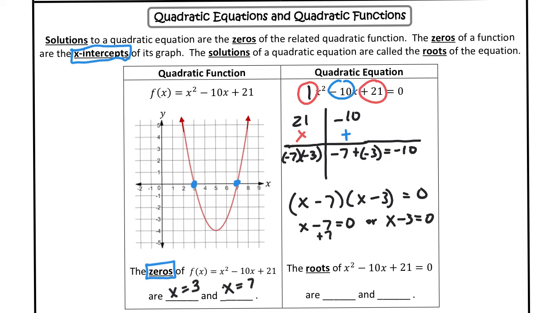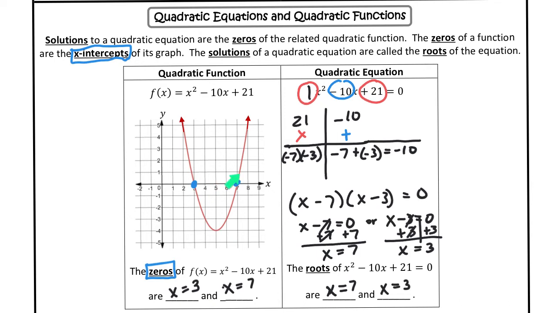If I solve for x on the left, I get x equals 7. If I solve for x on the right, I get x equals 3. So my roots are x equals 7 and x equals 3.